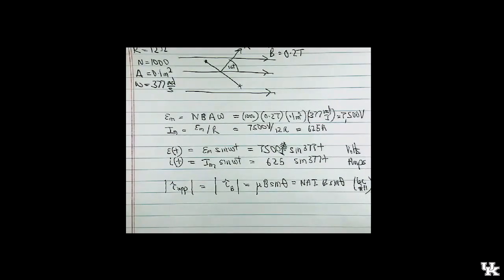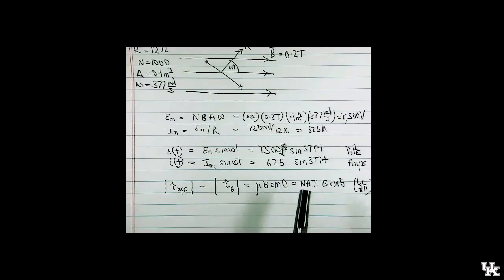And it's telling us that if you need a torque to rotate the loop, because you've got to overcome a magnetic torque exerted on the loop because it's carrying a current in a magnetic field, that torque is equal to the current flowing in the loop, times the area of the loop, times the number of turns, times the magnetic field that it's immersed in.